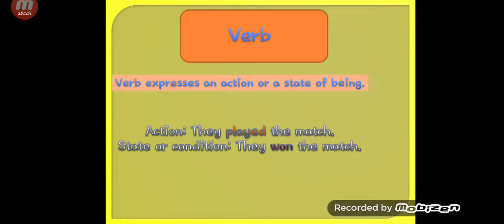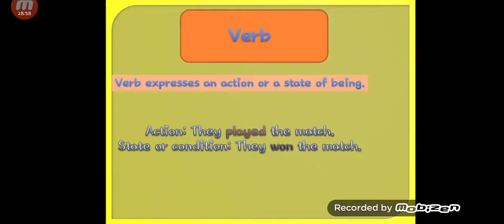Next part of speech is the verb. Verb always shows an action or a state of being. In every sentence there will be a verb. And verb always tells important information about the subject.